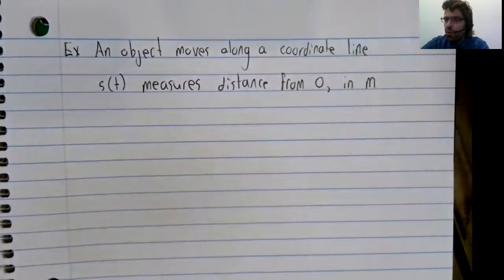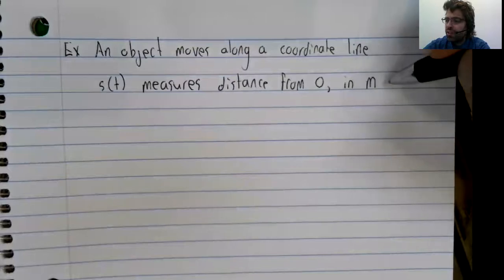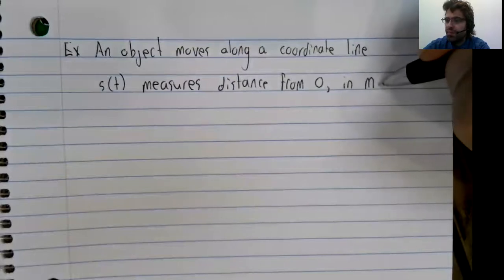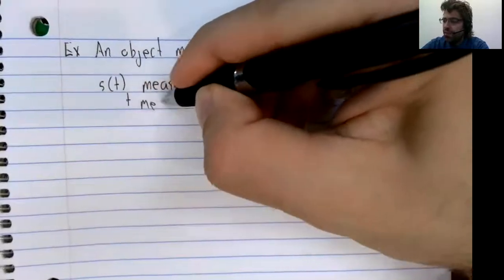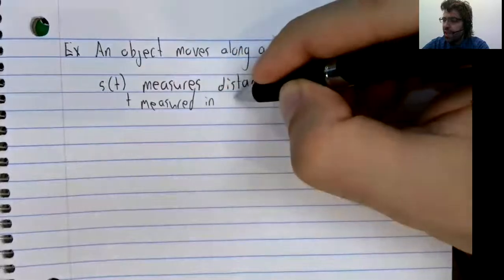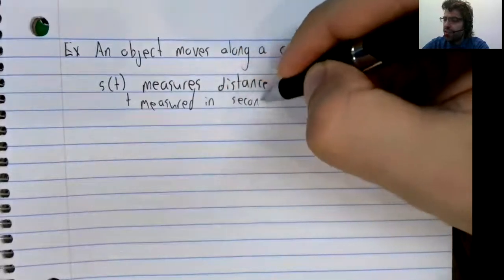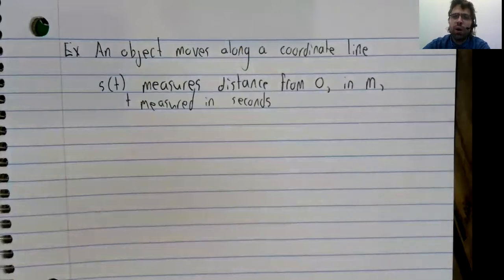And even though we're not attaching a word problem to this, let's give this a unit. Let's measure distance in meters, t in seconds, just so that when we talk about velocity and so on, we have units.